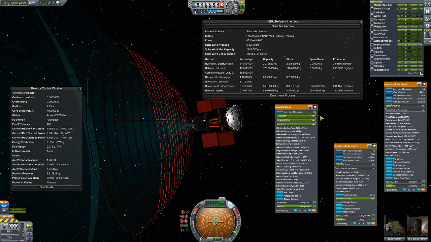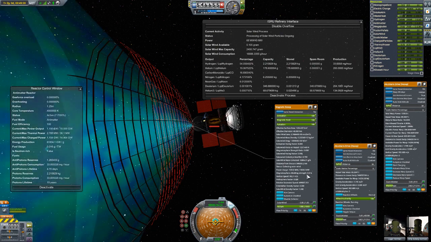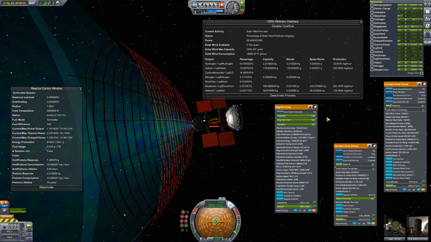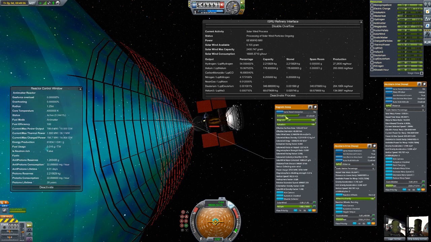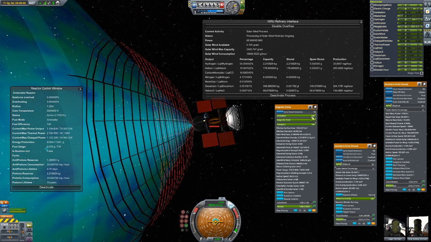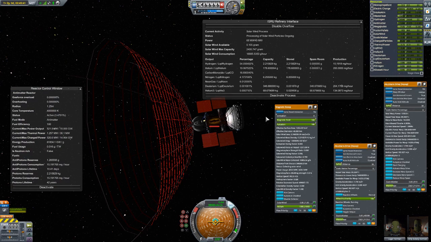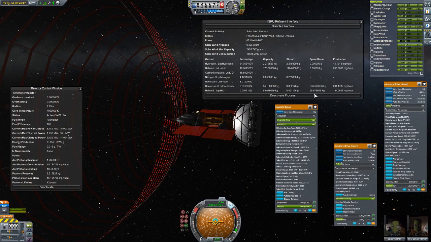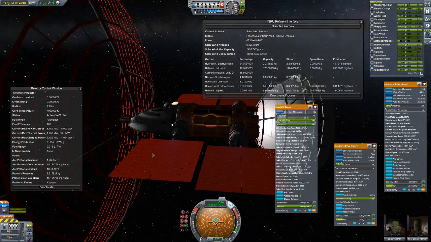Again, ionization does not appear to do much. It doesn't really make that much of a difference, except for how much power you're using, which would then rob other things of that power. But this close to the sun, you're going to be able to produce a decent amount of materials.